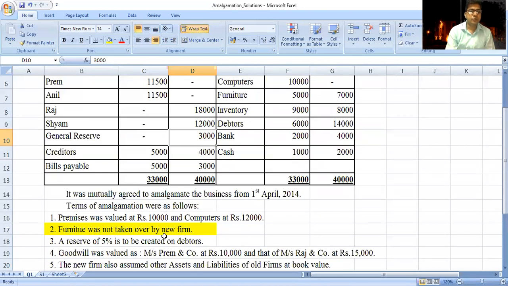Furniture was not taken over by the new firm. So whenever this furniture is not taken over by the new firm, then such furniture is taken over by their partners.